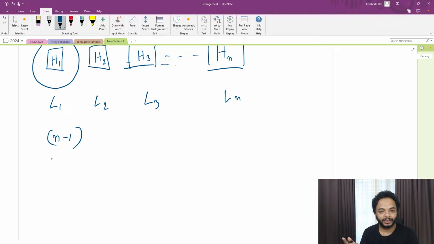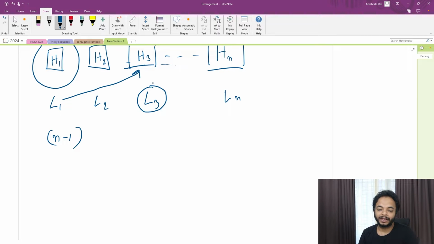Now wherever it's going, we are going to look at the letter of that house. Suppose for example this L1 is going to house 3. Now we are going to look at where L3 will be getting posted. Here we'll mainly divide into two cases.